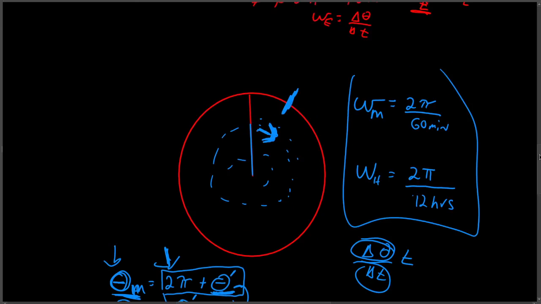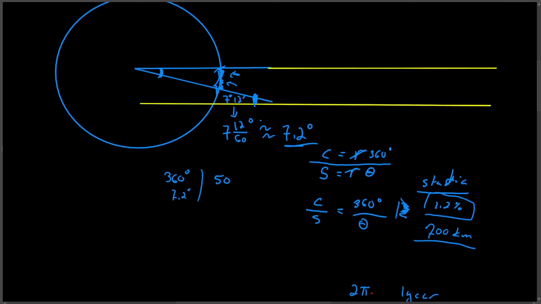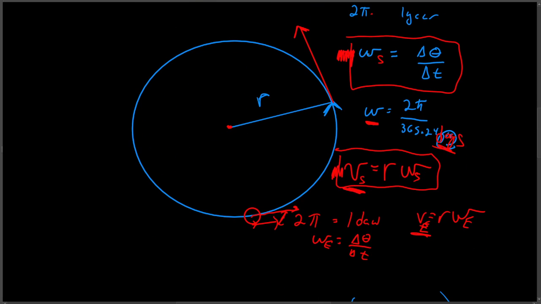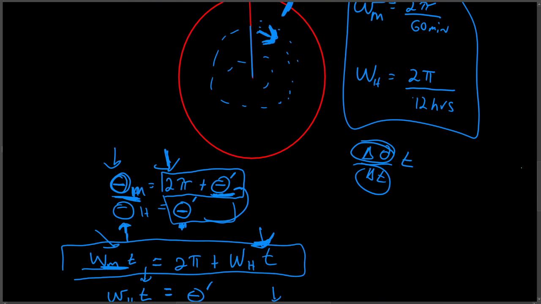And so all three of these questions focus on the circular nature of angle. This one's static, it's not moving. This one uses the definition of angular velocity and linear velocity. And this one uses the idea that you have two things that will repeat on a surface.